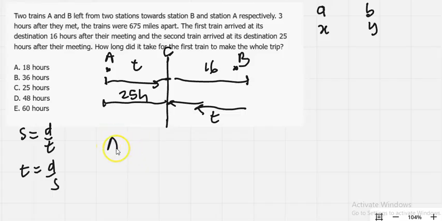The distance AC, from distance equals speed times time, for train A would be xT. For train B, that would be 25y.